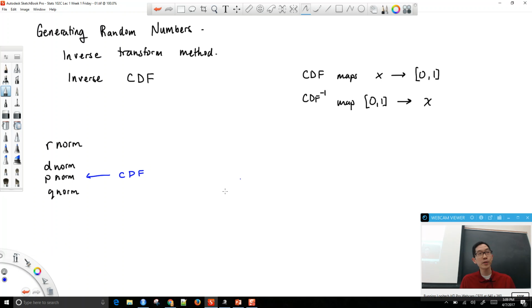This tells you what proportion, or what's the probability that x is less than some particular value of x. Which one is the inverse CDF? The Q, right? So this is the inverse CDF.